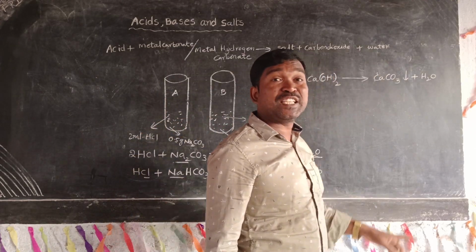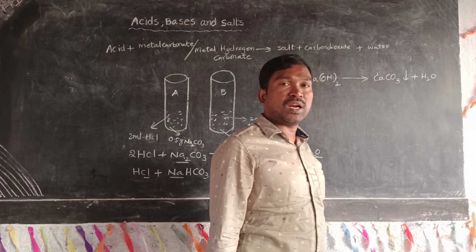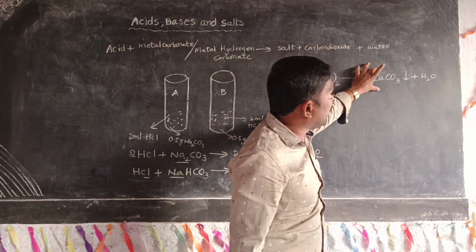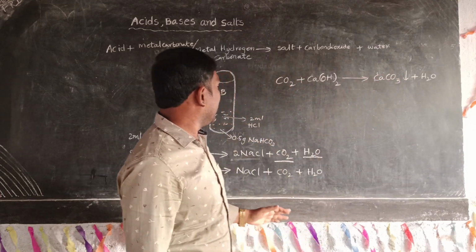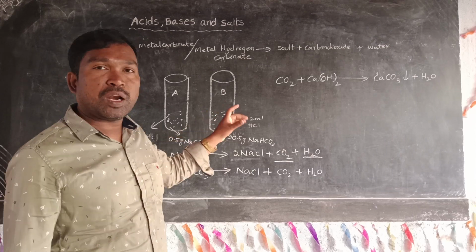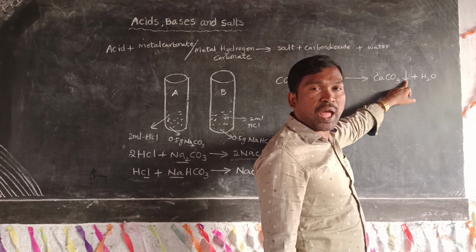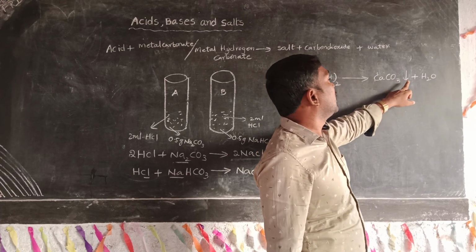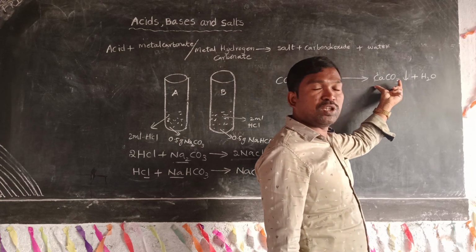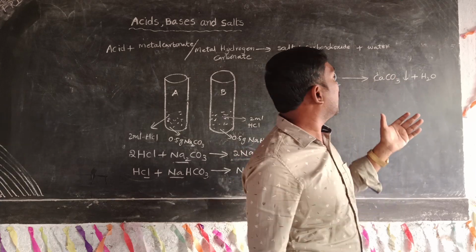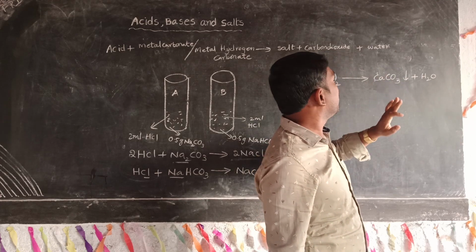Calcium carbonate is a precipitate. When gases are released, we denote an arrow mark in the upward direction. At the time of precipitate formation, we denote an arrow mark in the downward direction. CaCO3 is formed as a white precipitate.